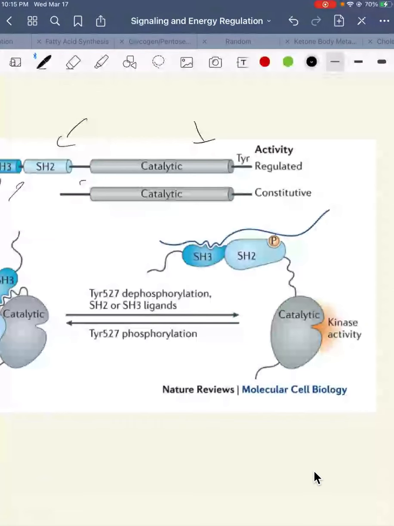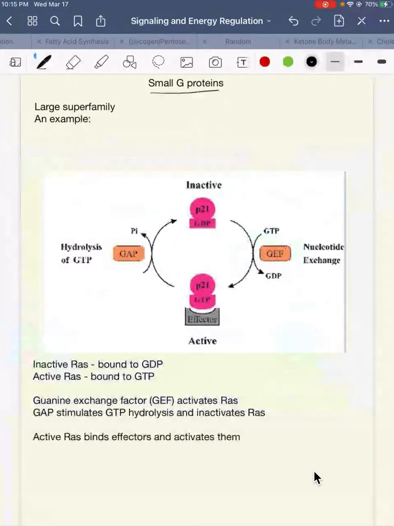Okay, so small G proteins. This is a large superfamily, but the one we'll talk about is RAS. So when RAS is inactive, it has GDP bound to it. When RAS is active, it has GTP bound to it.